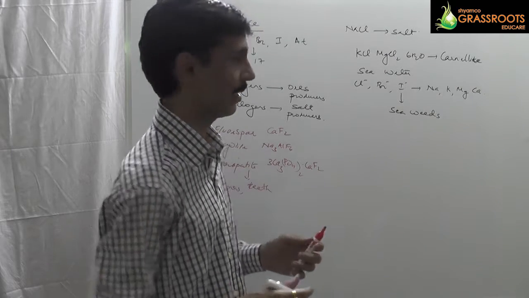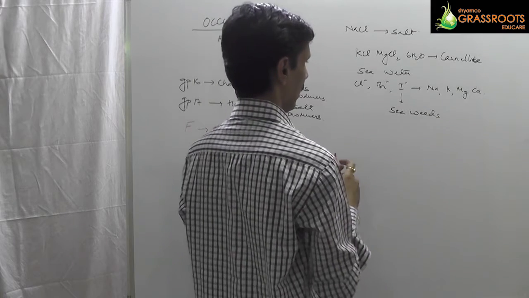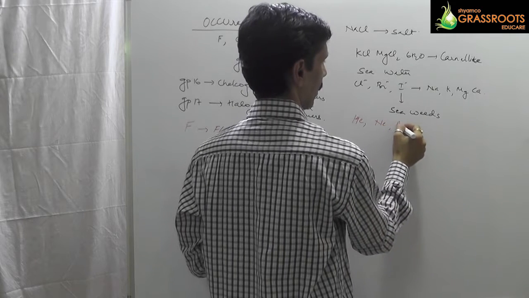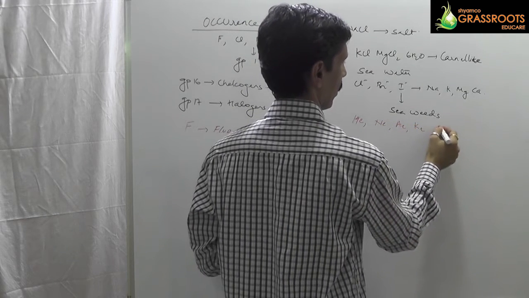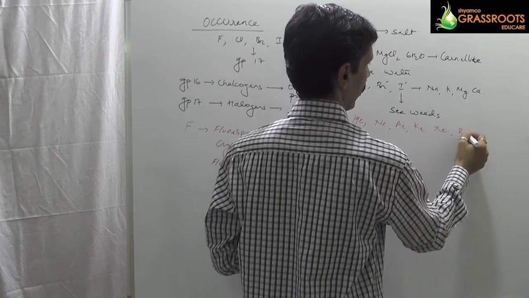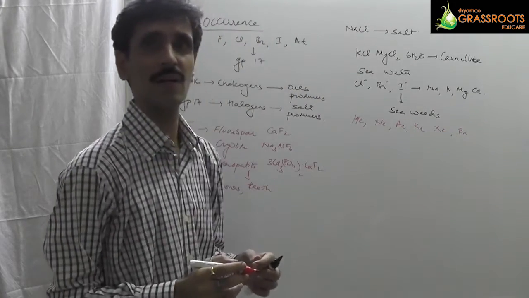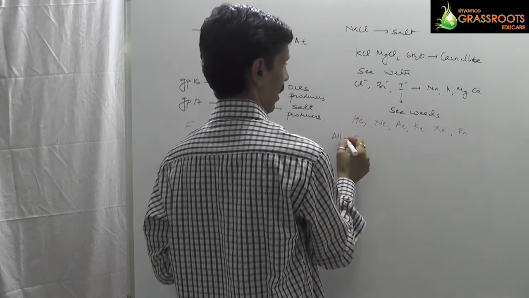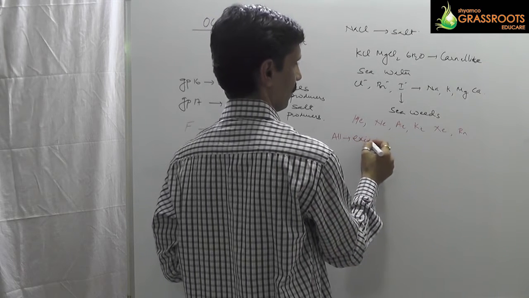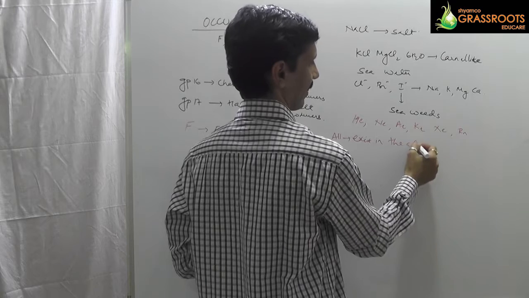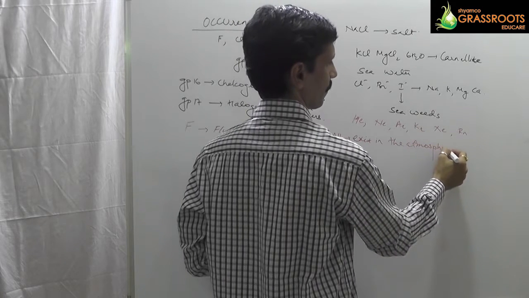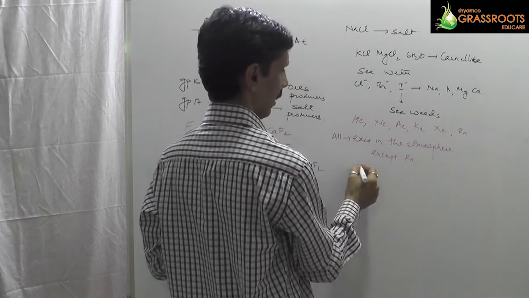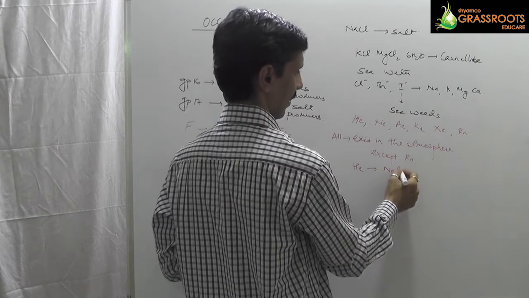Now we go into group number 18. The elements we have are helium, neon, argon, krypton, xenon and radon. Now, all of them exist in the atmosphere, except for radon. Write down over here, except radon. Helium is one of the major constituents of natural gas.